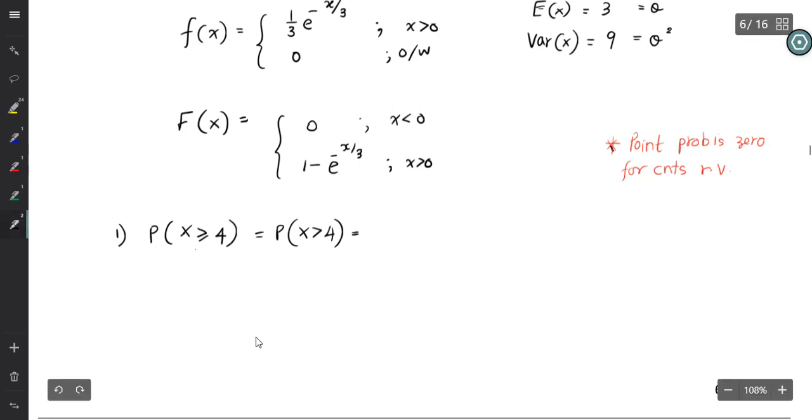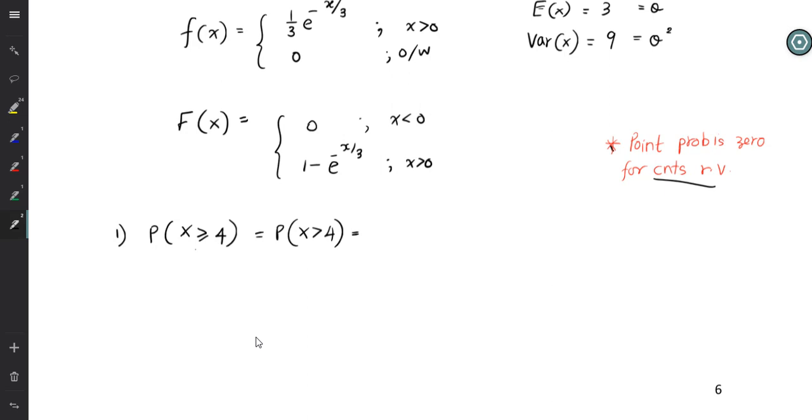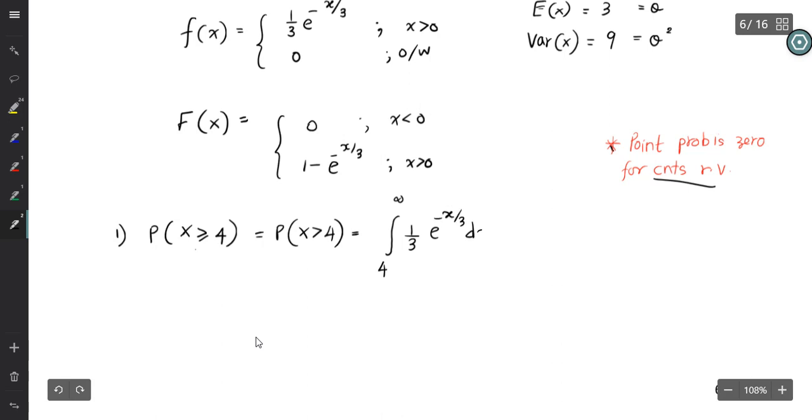Only for continuous. Now, how do you find x greater than 4? You have to do the integration from 4 to infinity of f(x) dx, which is 1 over 3 e to the negative x over 3 dx. What do you get? 1 over 3 is a constant.